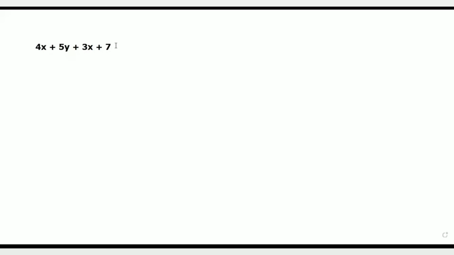So here we have 3 different terms. One is x terms, right? We have 2 x terms and we have 1 y term and we have 1 number as well, right? So 3 different terms are there. I'm going to rearrange this by taking the similar ones nearby.